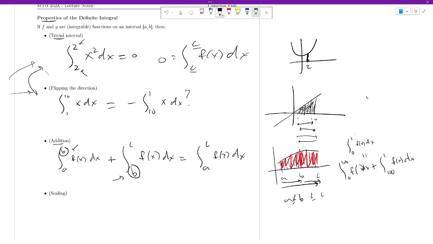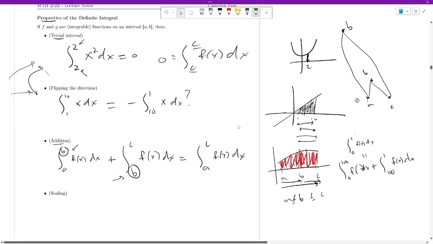It's like saying, if I want to get from point A to point C, I can pick any other point B out here. First go from A to B, then go from B to C. That still works even if B is wherever I want. It's not the biggest deal in the world, but sometimes that's an algebra trick that you're supposed to do. We will see pretty soon there's a specific algebra trick that we do often.